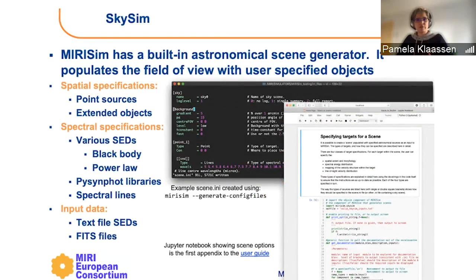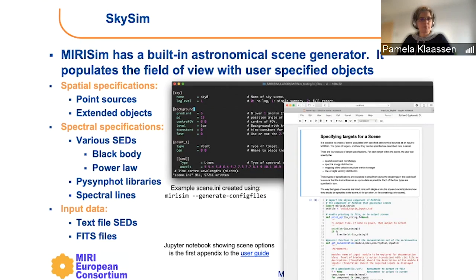And the reason I mention that specifically is because we do have a scene generator. SkySim is the module of MIRISim that allows you to populate a scene on the sky full of sources for MIRISim to observe.